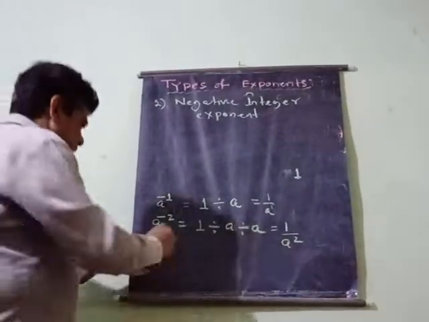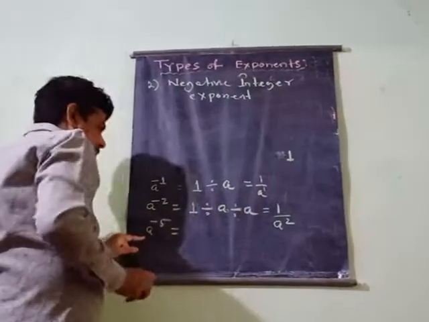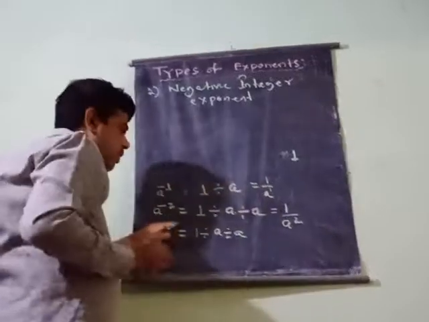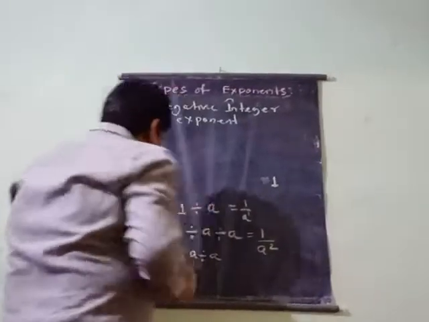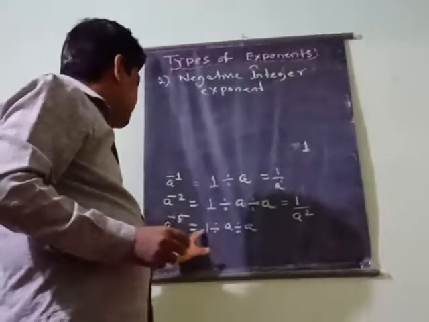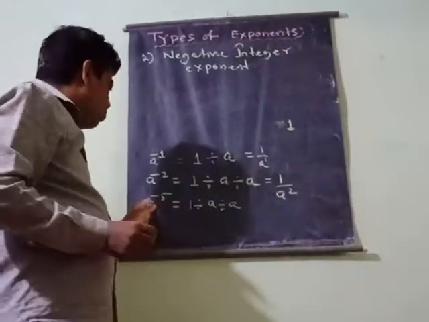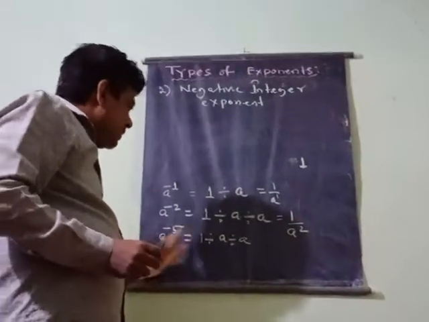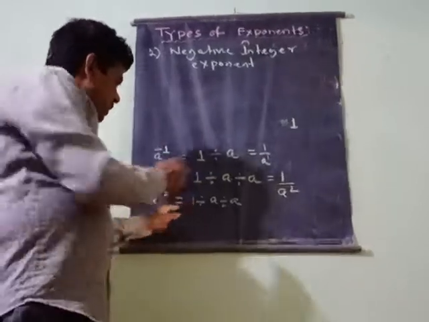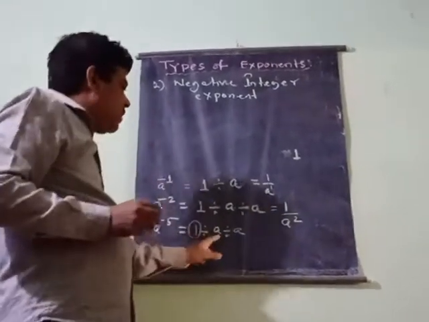Similarly, a to the power minus 5 is a negative exponent which is obtained when 1 is divided by the base a.